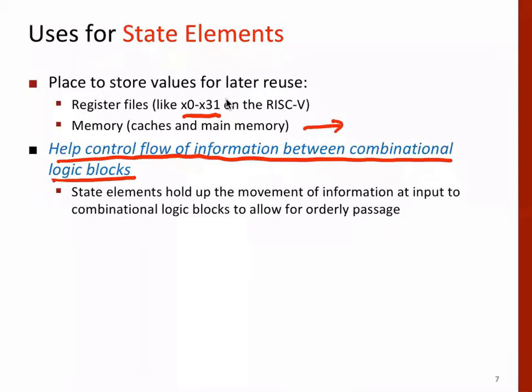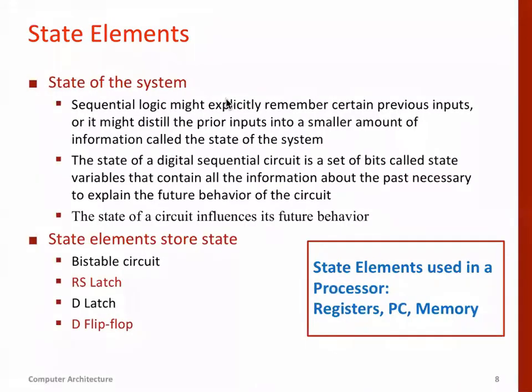That's the reason we use registers or sequential logic or storage elements to control the movement of information from input to output among various combinational logic blocks. So there are multiple combinational logic blocks, and they are doing useful things. And then, in order to create the right order in the movement of information, we need sequential logic.